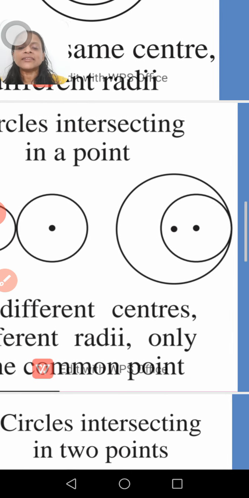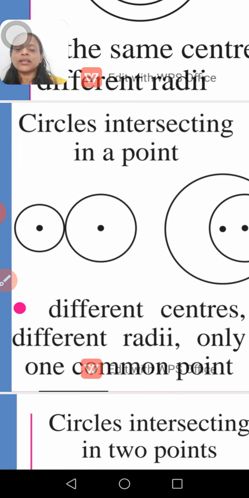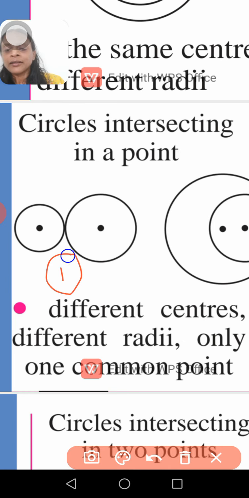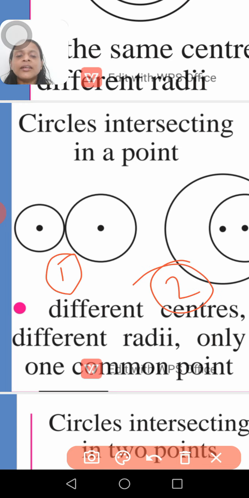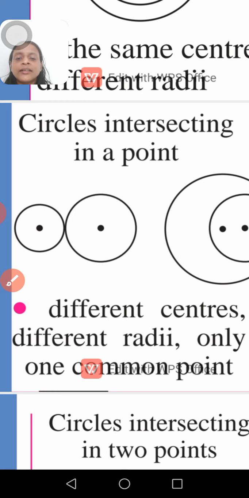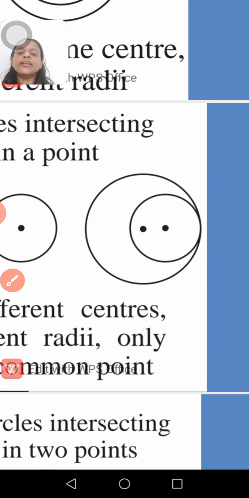So here we can say that these two circles in the first figure touch each other externally. And in the second figure, these two circles touch each other internally at one common point.